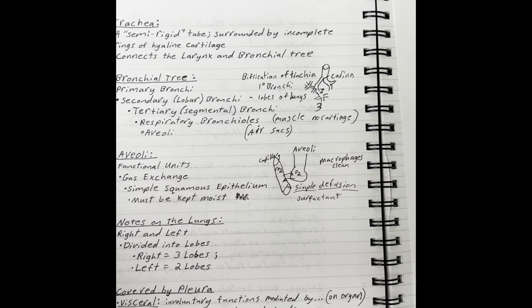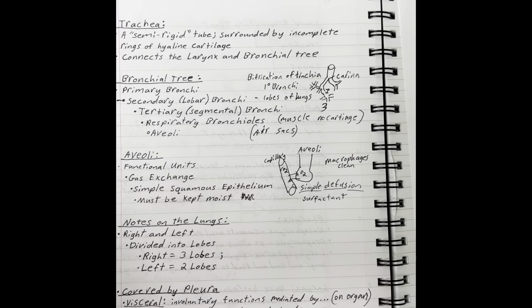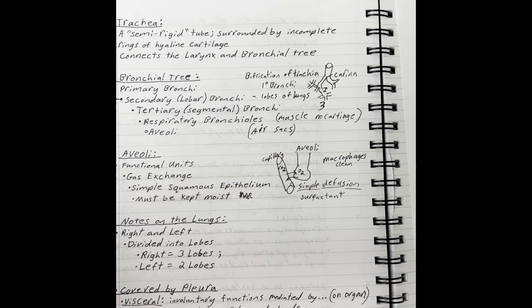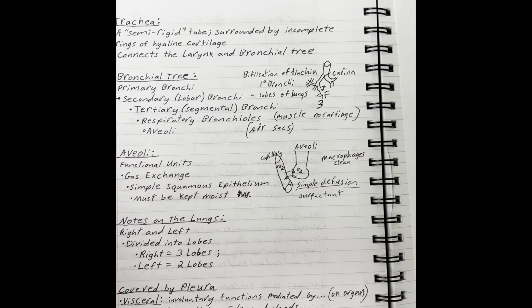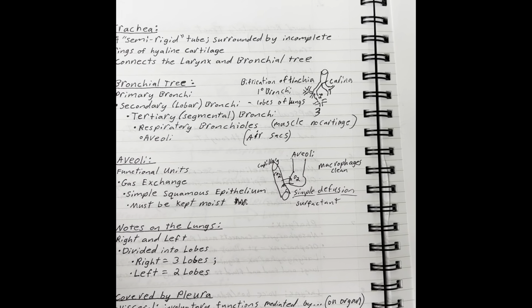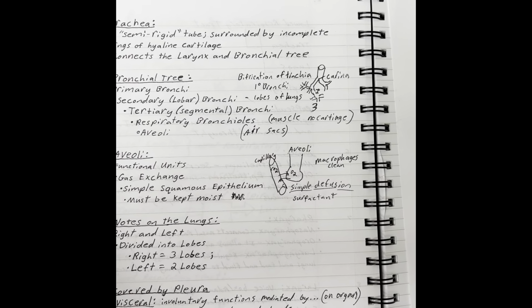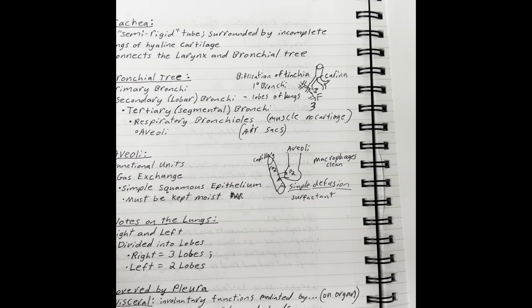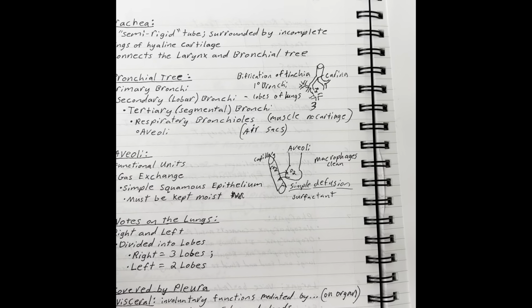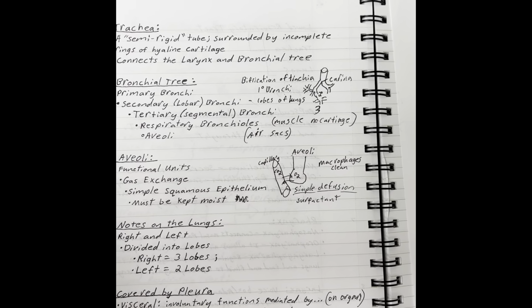So the oxygen goes from the alveoli air sacs to the capillary, and the CO2 goes from the capillary to the alveoli air sacs. That's called simple diffusion.